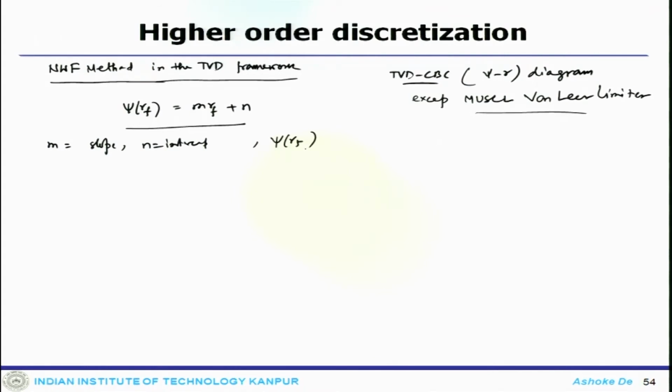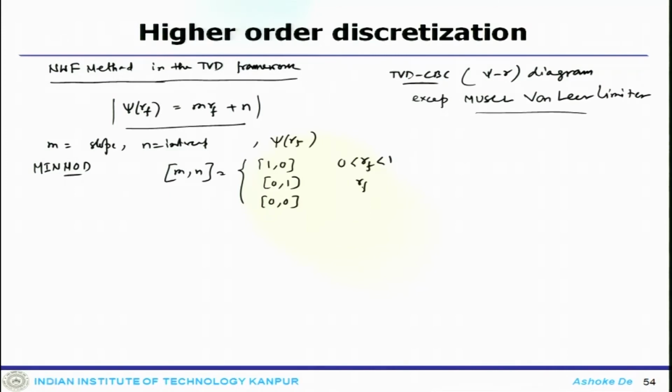For example, let us see what happens to this equation if you equate with the mean mode scheme. For the mean mode scheme, the values of M and N would be 1 0, 0 1 or 0 0, because in this range RF is less than 1, greater than 0, RF is greater than or equal to 1, RF is less than 0.